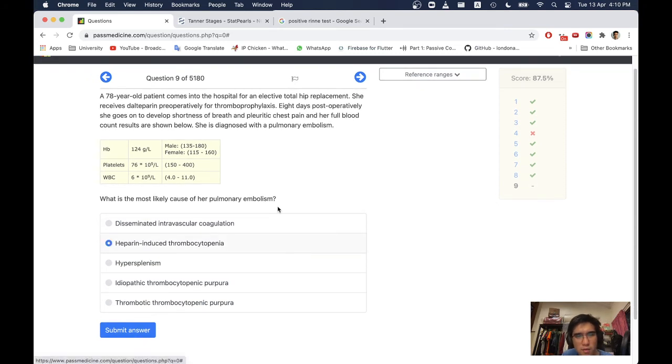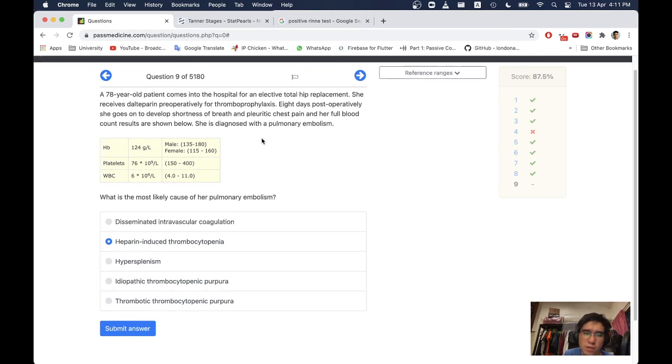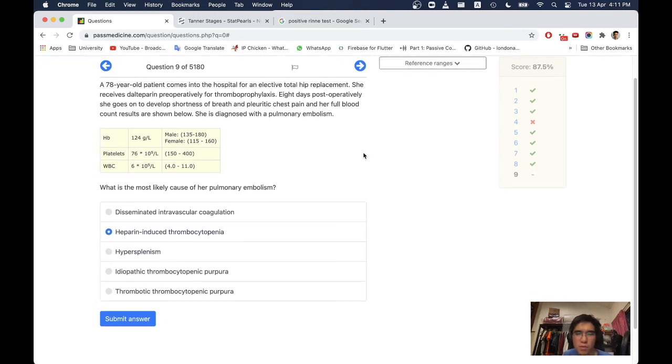HIT. She's on dalteparin, which is a low molecular weight heparin. Although low molecular weight heparins have a lower risk of HIT compared to unfractionated heparin, she is still at risk. Antibodies are formed against the heparin-PF4 complex, which causes activation of your platelets, and then it causes a DIC-like picture, so your platelets aggregate.